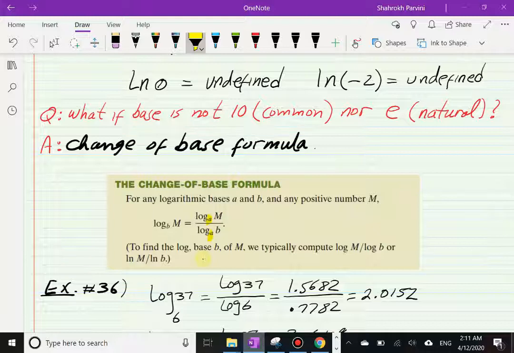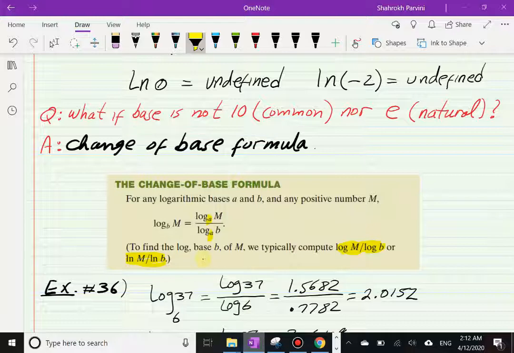This is log base 6 of 37. So I went in and wrote it as log 37 over log 6. Remember, the base is not there. That means I'm thinking common logs, right? And they mention it up here also, right in here, they say you can use common log or you can use natural log.